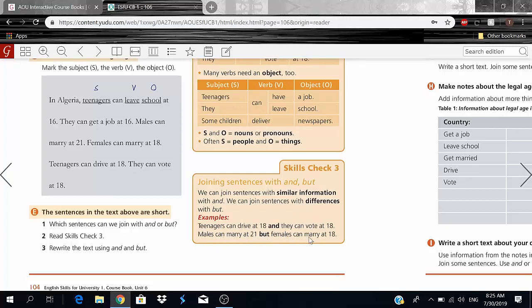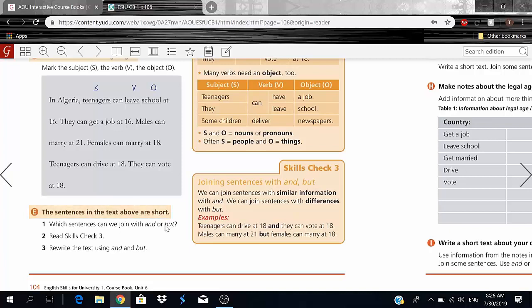And here's something that I actually want to talk to you guys about. The sentences in the text above are short. There's nothing wrong with short sentences. It's just that people, sometimes, they can get more excited with longer sentences. Okay?